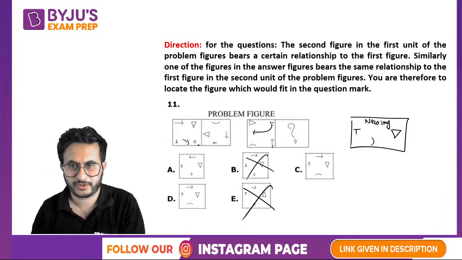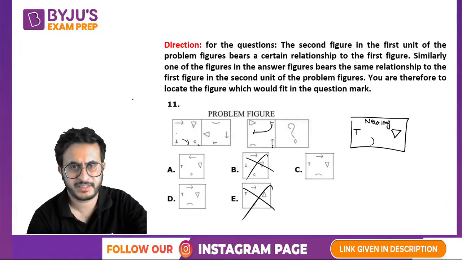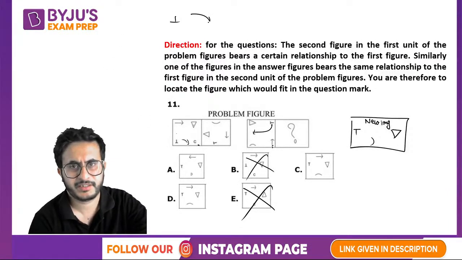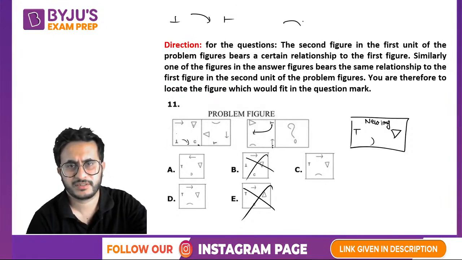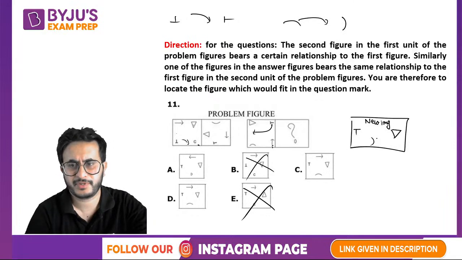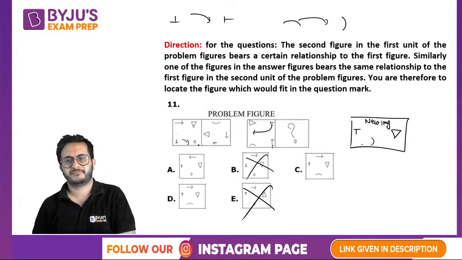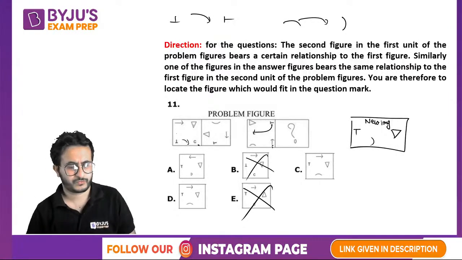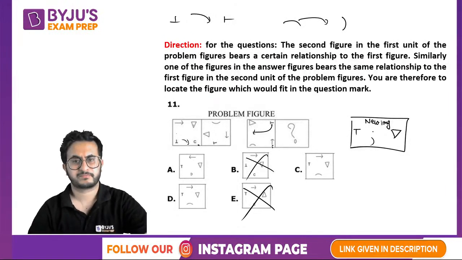No option looks correct to me. Because first of all, this should happen, right? This T was like this, and it changed to T like this. So if we change like this, it should become like this. None of the options has this. That itself suggests that it is incorrect. Okay, so the actual answer should look something like this.